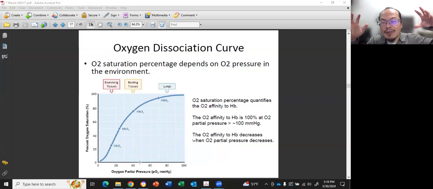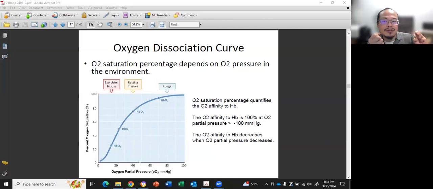In that environment, hemoglobin cannot hold on to that oxygen anymore because outside doesn't really have that oxygen pressure. Hemoglobin loses that holding. Another way to say it is that oxygen doesn't have that strong affinity to hemoglobin anymore. So oxygen will leave, and by leaving, it is free and will be captured by the cells.